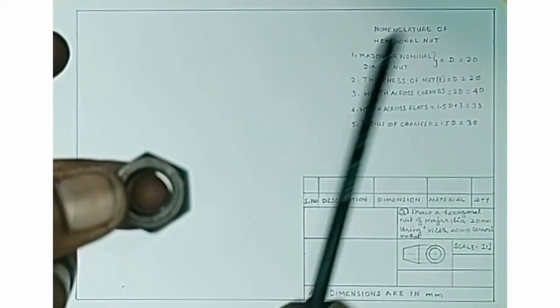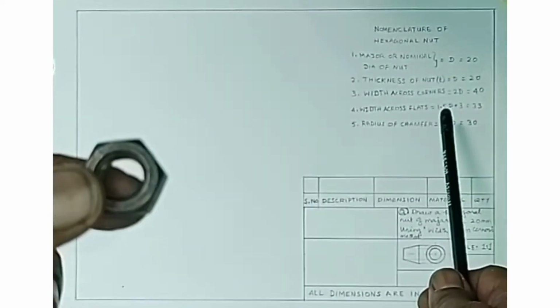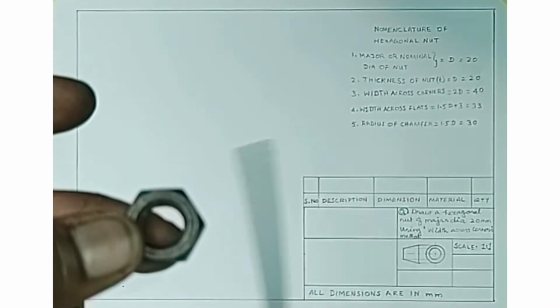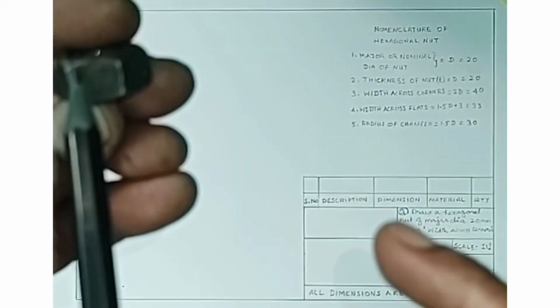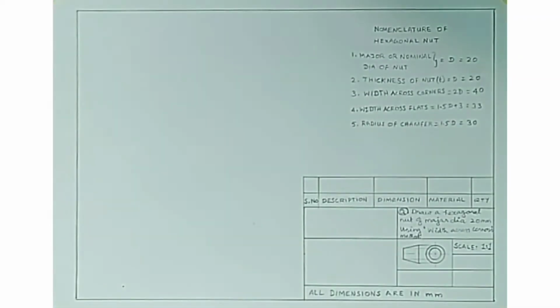Then width across flats is 1.5d plus 3, that is equal to 33 mm. Then radius of chamfer is 1.5d, that is 30 mm. And if you notice, nowhere have I written mm, because all dimensions here are in mm. Okay, then let me place the views.